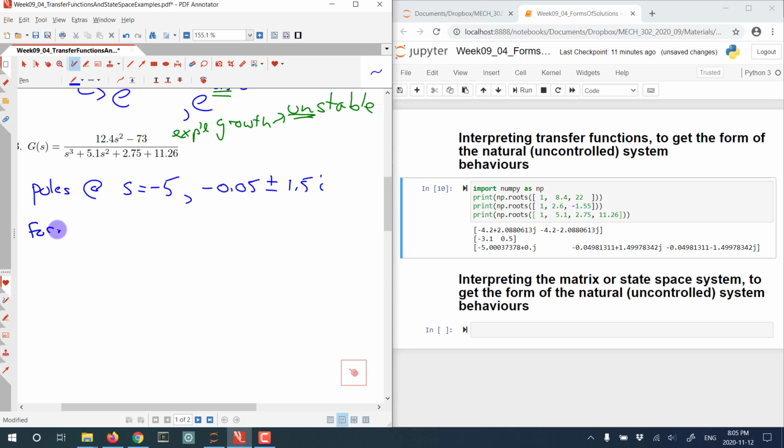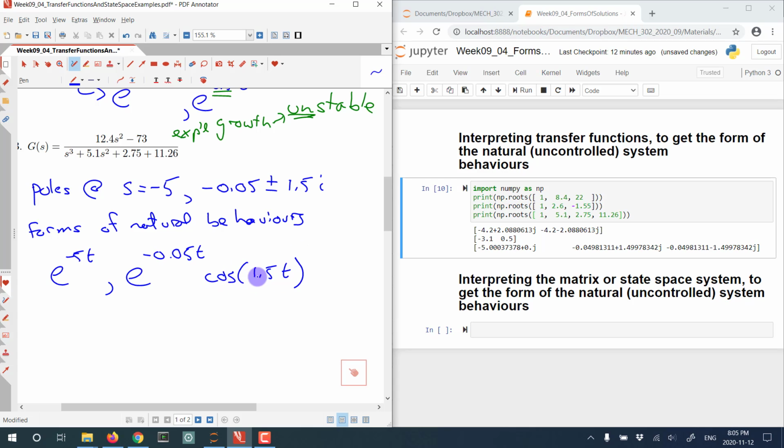So the forms of the natural behaviors are going to be e to the negative 5t, and again, it's the real part if we have a complex one that defines the exponential, e to the negative 0.05t cos 1.5t, the imaginary goes in here, and e to the negative 0.05t sine of 1.5t.